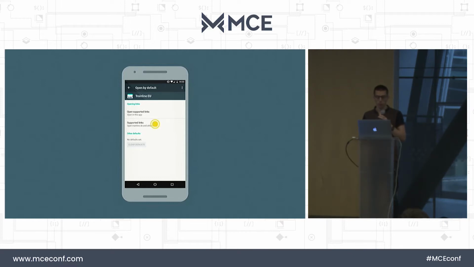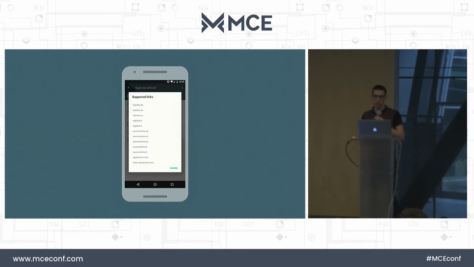If you click on supported links here, you should end up with a dialog that displays all of the links that will redirect directly to this application without displaying the chooser. In our case, it's all of the domains, all of the hosts that we've defined before. So that makes the experience from the web or from an email or from an SMS or whatever to your application really, really transparent and really, really quick.